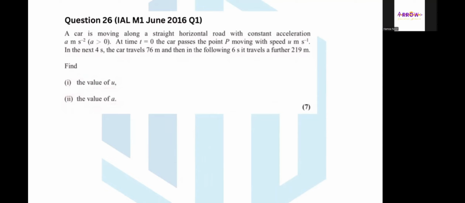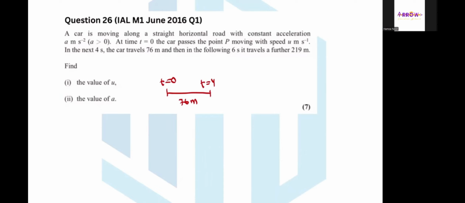Here we have a horizontal motion, so you can make a sketch for your ease. When t is equal to 0, the journey of the car starts, and in the next 4 seconds, at t equals 4, the car has covered a distance of 76 meters.